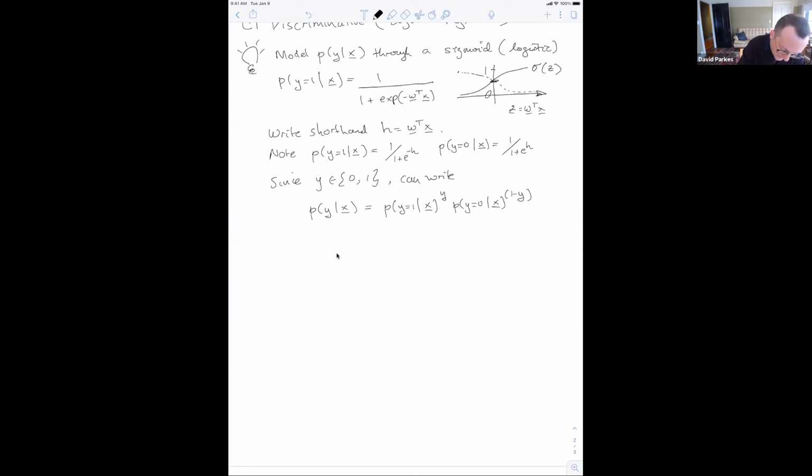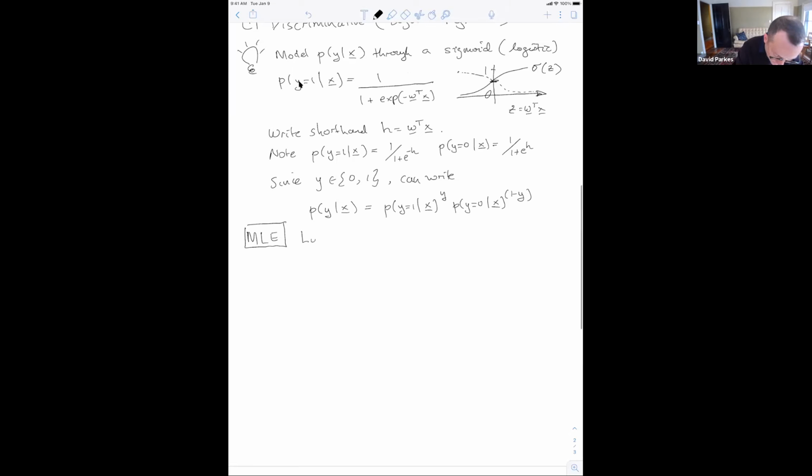We're going to use this maximum likelihood estimation approach, MLE. So we're going to be looking for parameters of this model that make the observed classes as likely as possible. That's what we mean by maximum likelihood estimation.